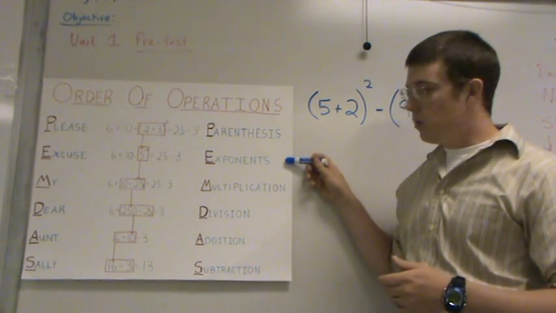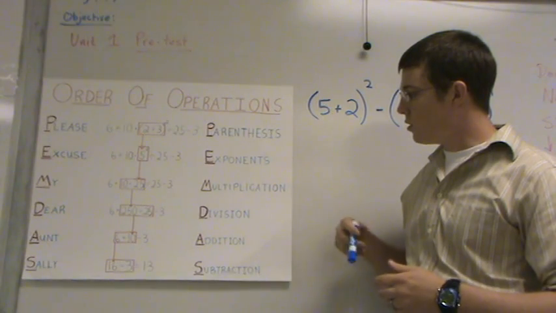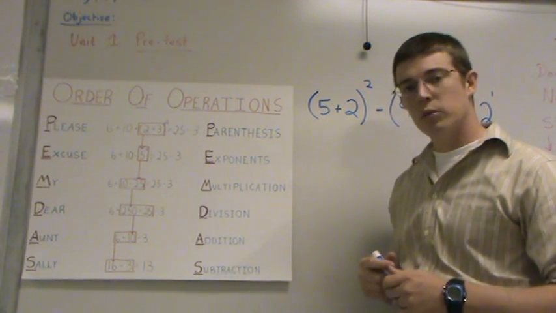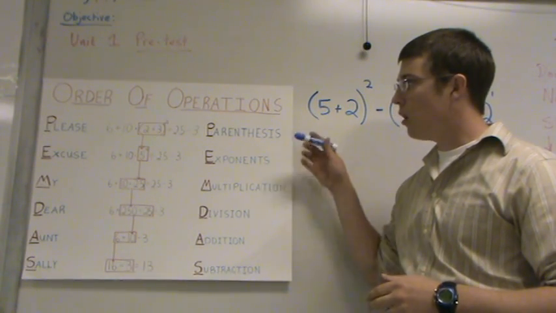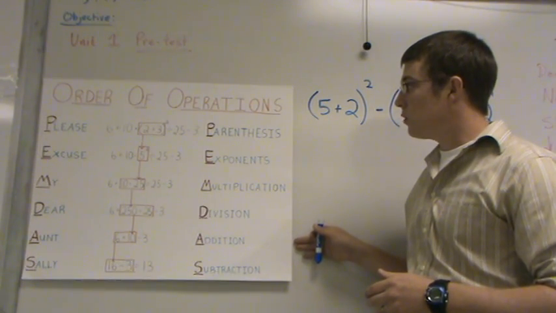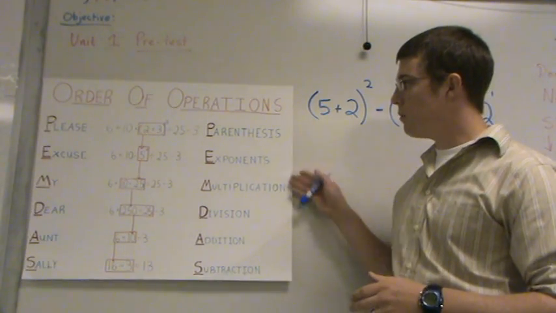E stands for exponents. M for multiplication. D for division. A for addition. S for subtraction. And no matter what we do in mathematics, we always follow these order of operations. No matter what, we always follow those. And that will help your kid in this class that they can remember that order.